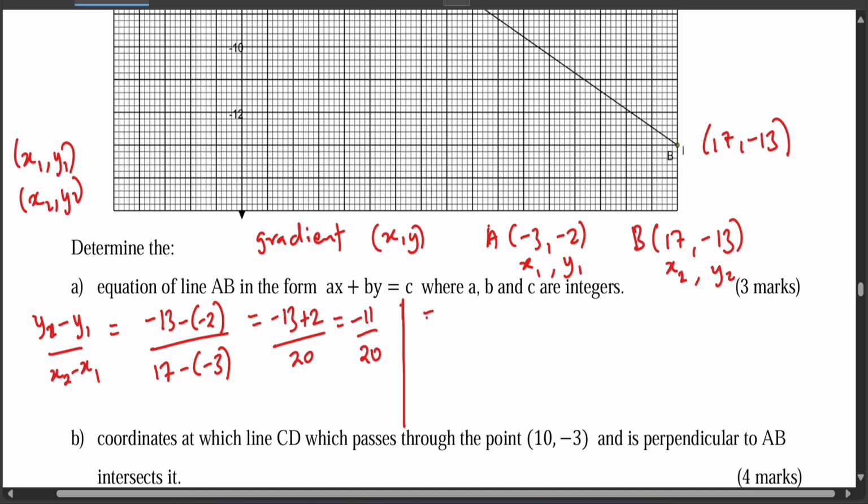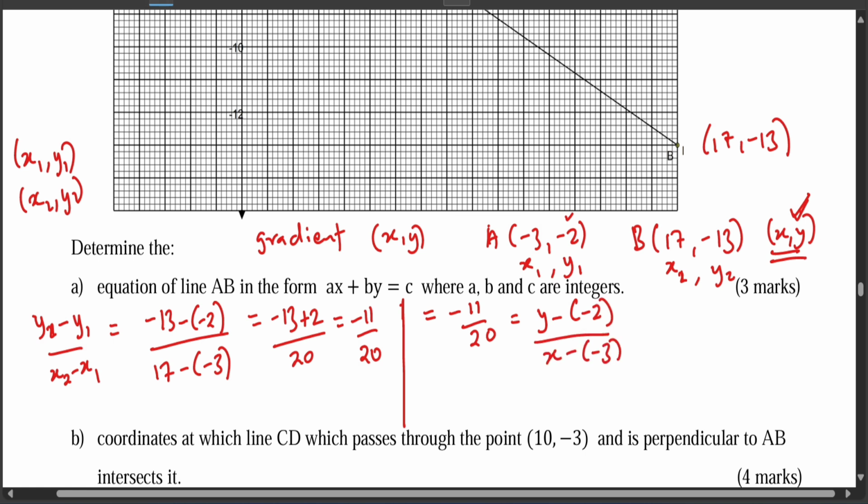Now let's find out the equation. Now you take your gradient, we assume there's another point, which is x, y on that same line, and you use that point to find the equation. So now let's take y minus the other y and use this point A, to find out our equation of a straight line. So y2 minus y1, or y2 is y, so y minus -2 over x minus -3.